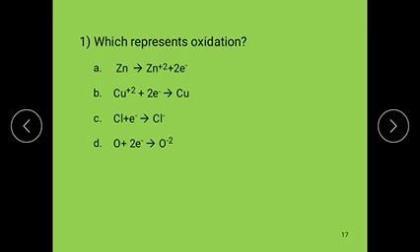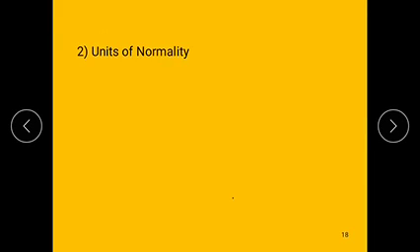E, oxygen gains 2 electrons gives rise to O minus 2. In this case, the right answer is A. When zinc loses electrons, it converts to zinc plus 2. Among all these, only the zinc loses electrons, so it is an oxidation reaction.